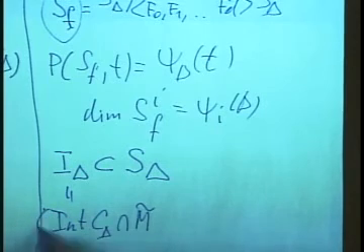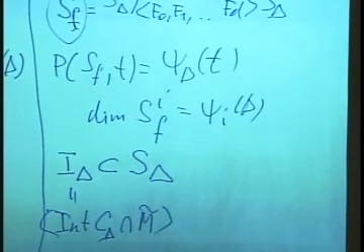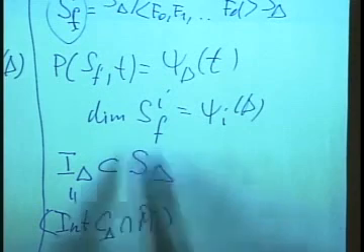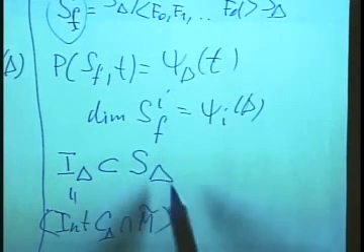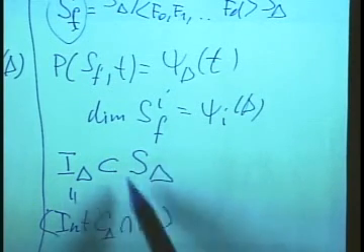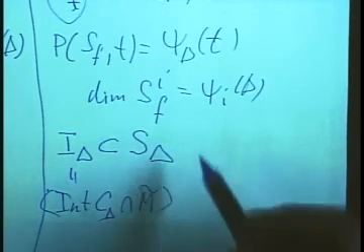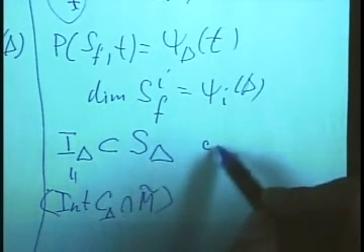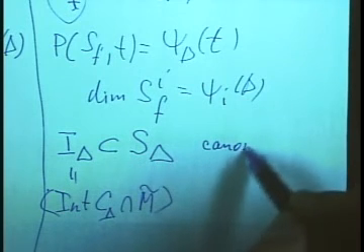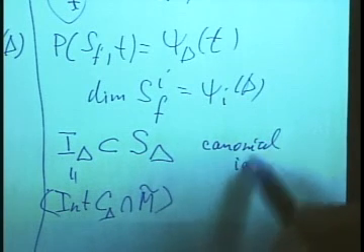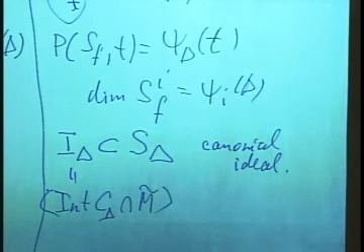So it's a linear span. The basis as a vector space for the ring S delta is just monomials in the cone. All monomials in the cone over delta, but here we have monomials just in the interior of the cone over delta. So obviously it's an ideal, and actually it's a canonical ideal, but I don't want to make a precise definition of what it is.